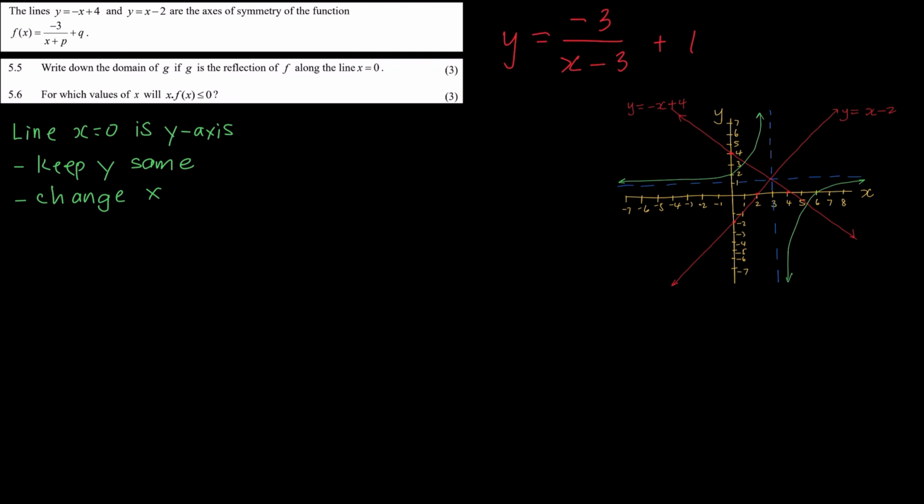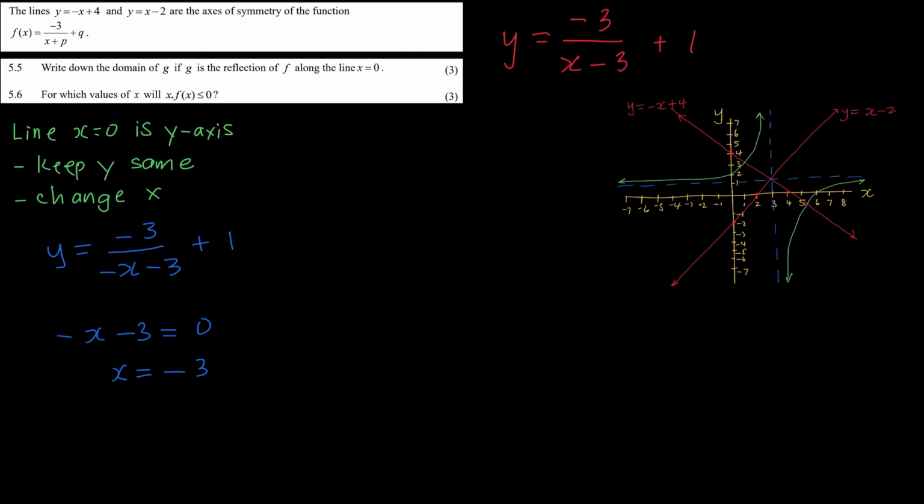So my equation then becomes y equals negative 3 divided by, now we're changing the x, so it's going to be minus x minus 3, and then plus 1. Now if we want the domain of this function, you look at the denominator and equate that to 0.